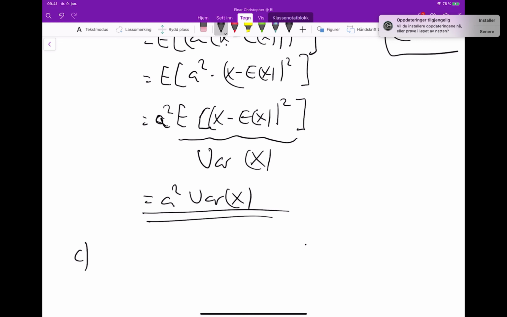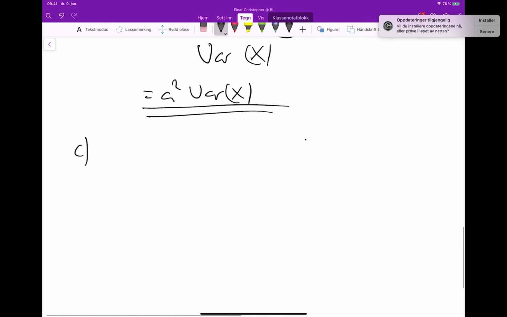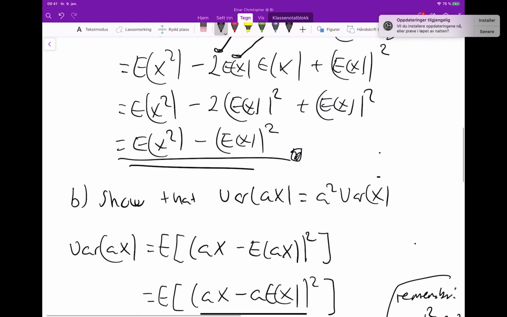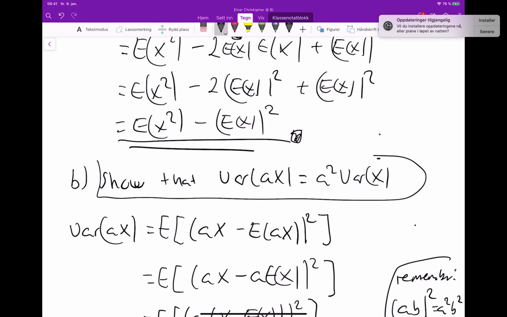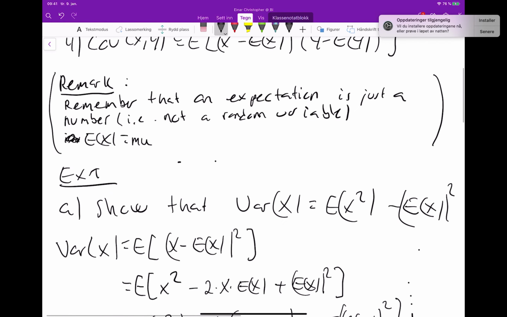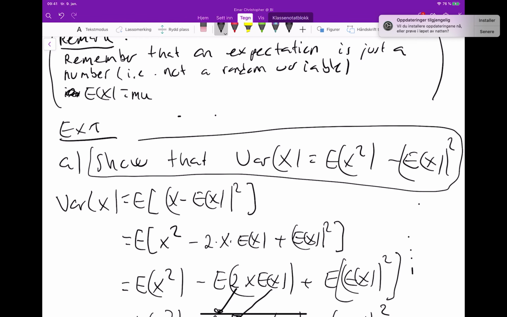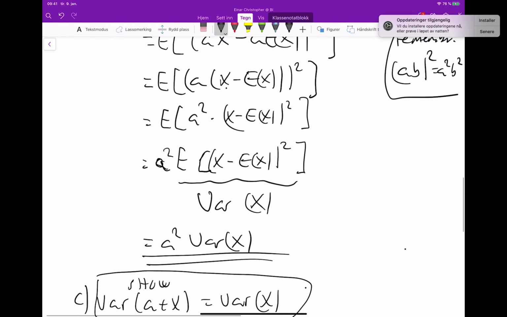C. Here we are going to show that the variance of a plus x is equal to the variance of x. How are we going to do that?